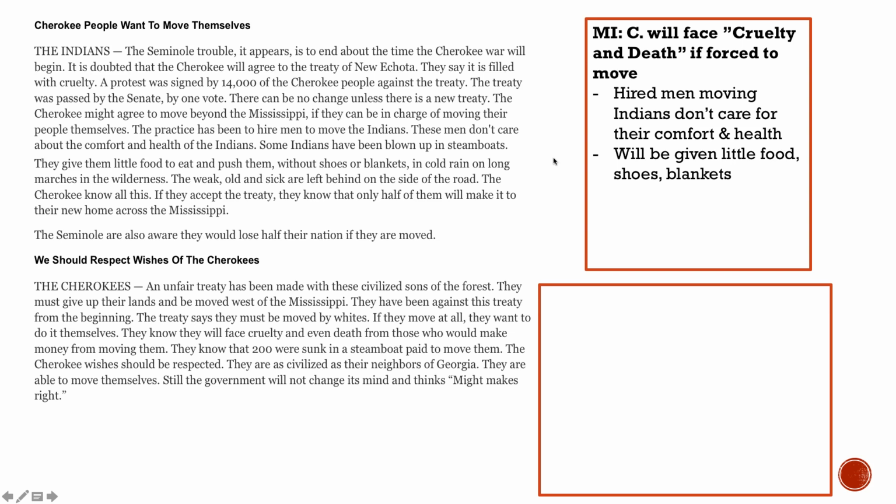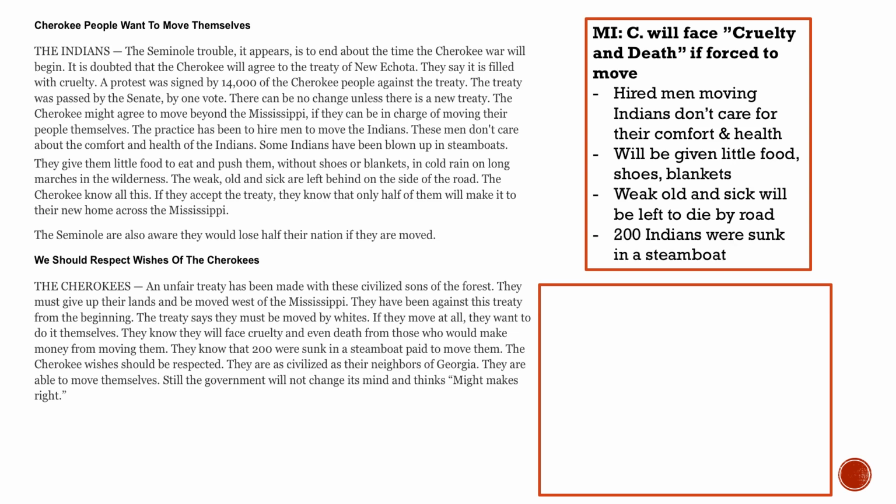They already know that they're not going to be given very much food or shoes or blankets on this journey, and they're concerned that the weak and old and sick will be left to die by the side of the road. Something else interesting is that 200 Indians were sunk in a steamboat. It seems like they tried to move them by boat, and 200 of them were killed in that way.